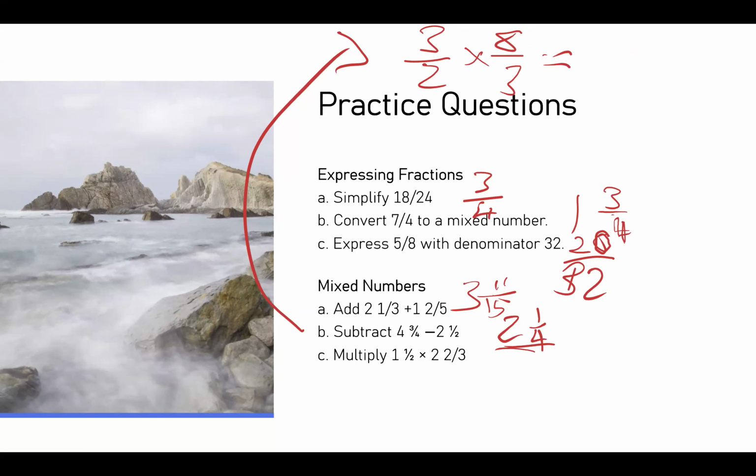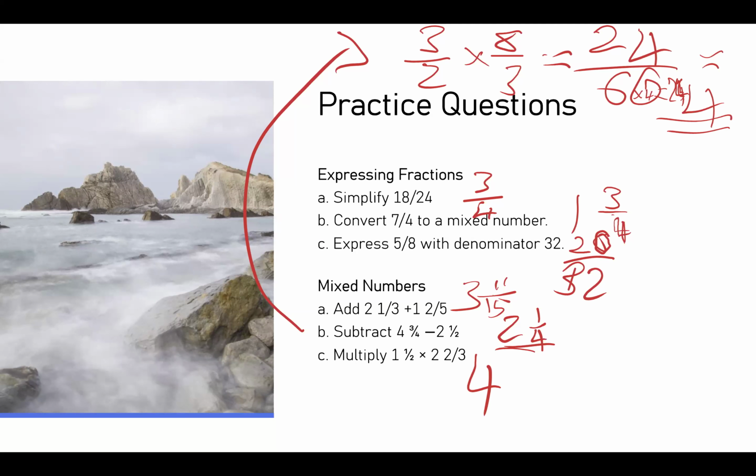So 3 times 8, which is 24, and 2 times 3, which is 6. So this would equal 4, because 6 times 4 equals 24. So the answer for the last one is 4.